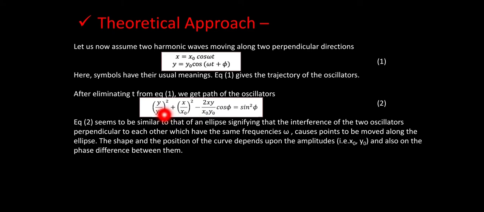So this equation is between x and y, which shows the path traversed by our oscillator. This equation seems similar to an ellipse, which shows the interference of two oscillators which are perpendicular to each other.